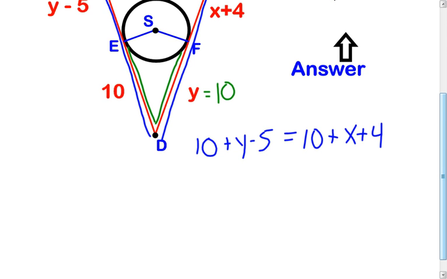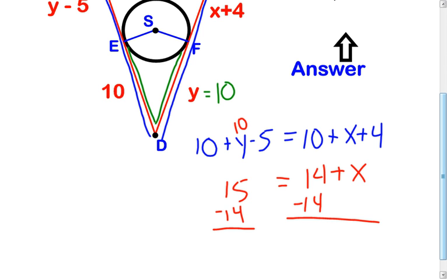Now let me replace the 10 with y here. So I'm just going to put the little 10 there. So now I have 10 plus 10 minus 5. This is 15, equal to 14 plus x. Get rid of the 14, and we find out that our x value is 1.